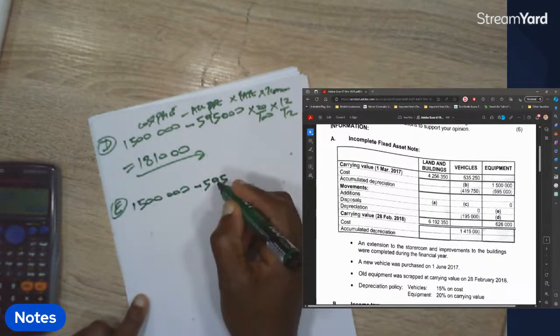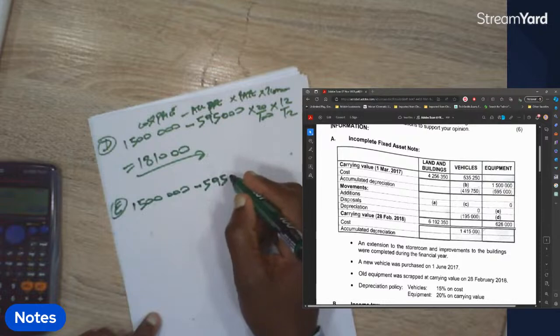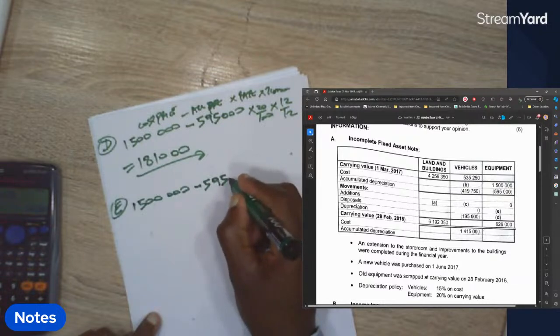Okay. And the old equipment was scrapped at the carrying value on 28th of February. That is on the last day, right? Okay, so minus 95,000.